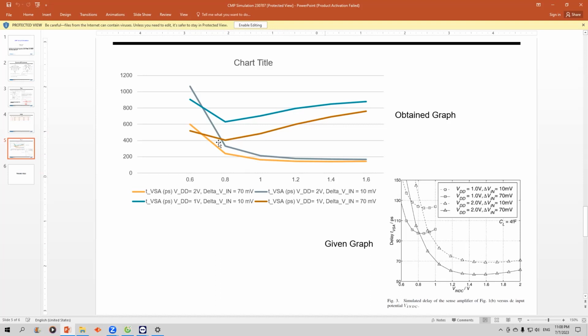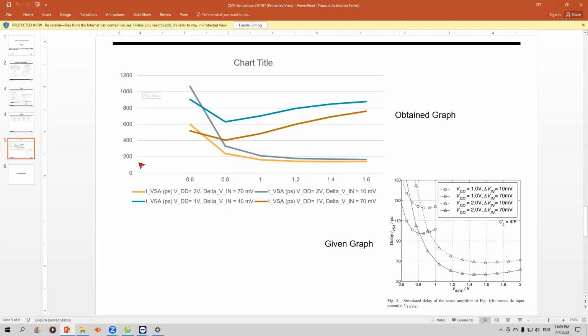You can see the trend is almost similar, but the delay is much higher than their work, right? In this graph there is 0.6 input, and here is yours, 500 picoseconds, isn't it?